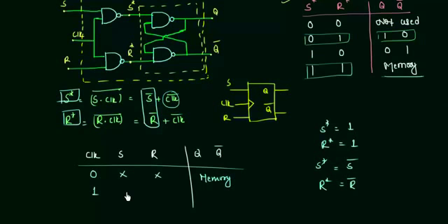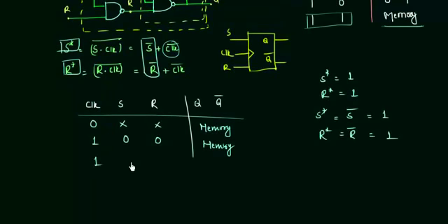So let's see what we are having in this case. When S is 0 and R is 0, it means S star is 1 and R star is also 1. So again the last case, and we are having the memory. Okay, and if clock is 1 again and S is 0 and R is 1, in this case S star will be what? 1, and R star will be what?